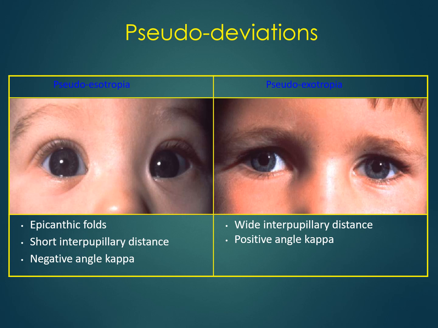The left picture shows epicanthic folds and a broad nasal bridge, and also a negative angle kappa. The right picture shows wide interpupillary distance and a positive angle kappa, which results in pseudo-exotropia.